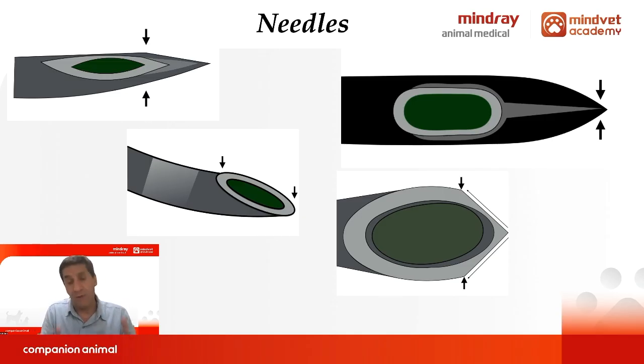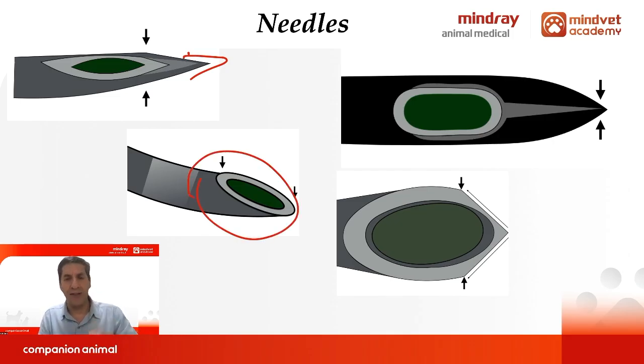So try to use these technical needles, which are developed for the technique we are going to perform. We have different kinds of needles. We have the spinal needle. The spinal needle is developed to pierce the dura mater, which is part of the tissues surrounding the spinal cord. We have the Tuohy needle, which is developed to set catheters.